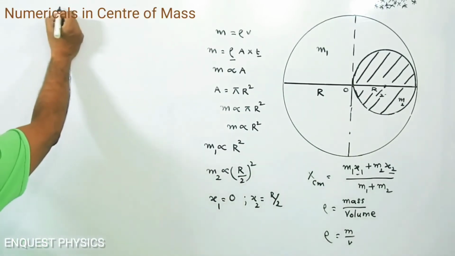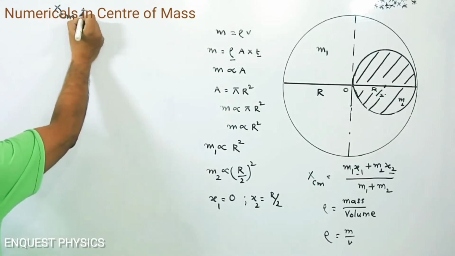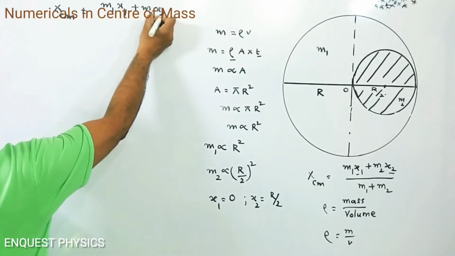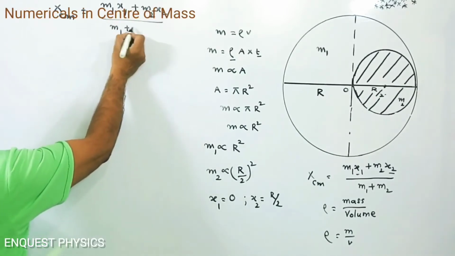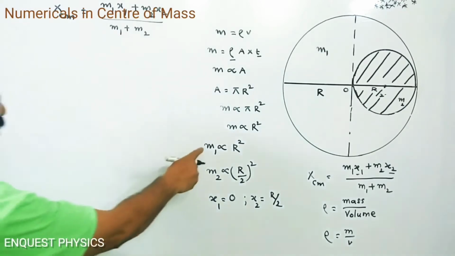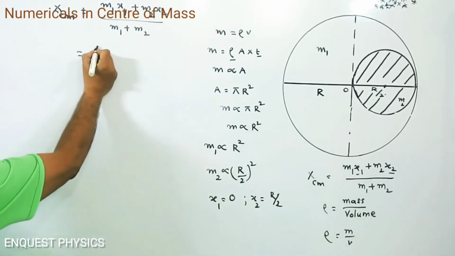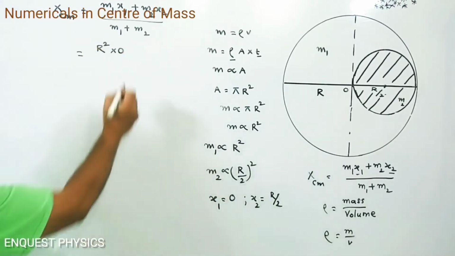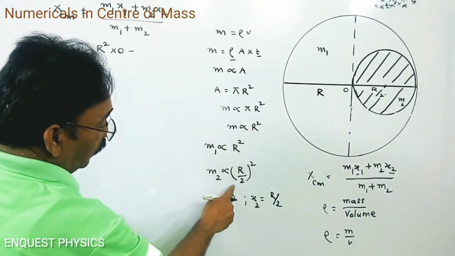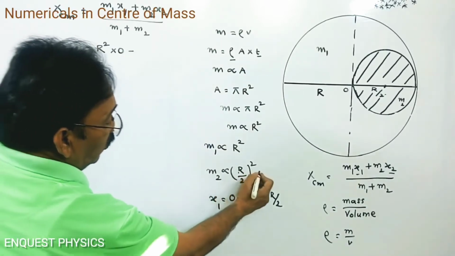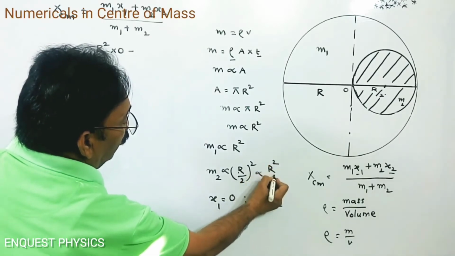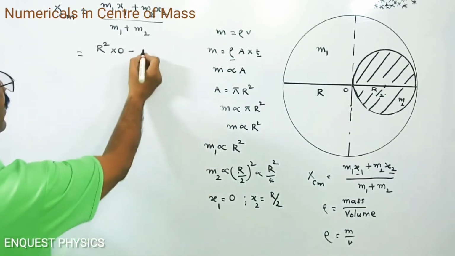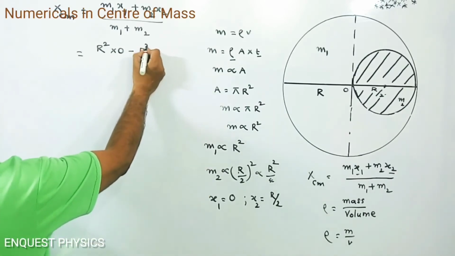We will get xcm is equal to (m1 x1 plus m2 x2) upon (m1 plus m2). In the place of m1 we are substituting r square, that is r squared into x1, it is 0, plus m2, it is r squared upon 4. Okay, it is negative mass, I said. That's why I am writing it is r square by 4.